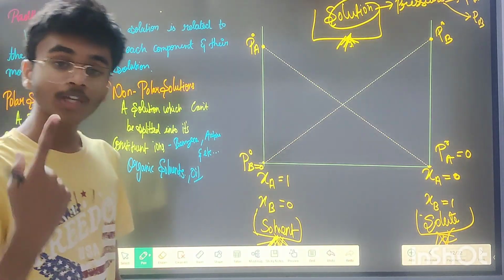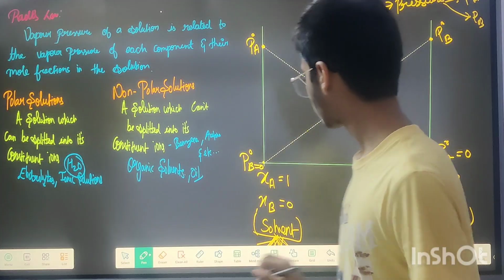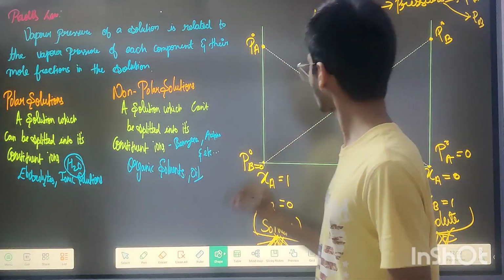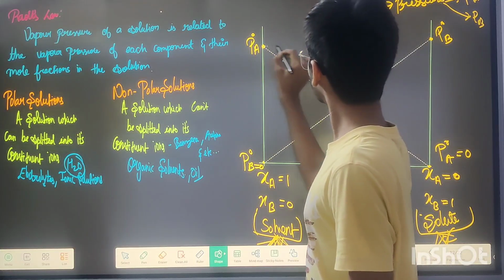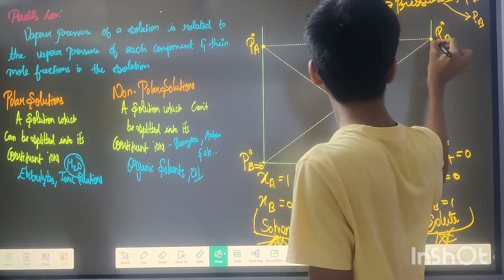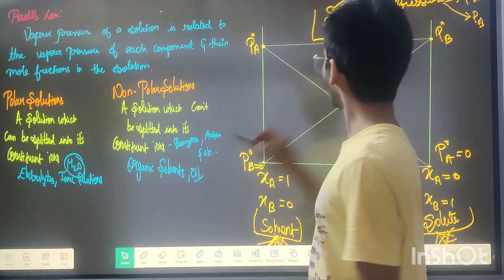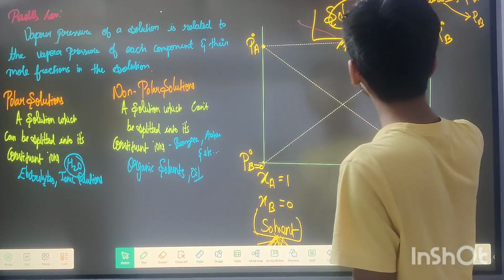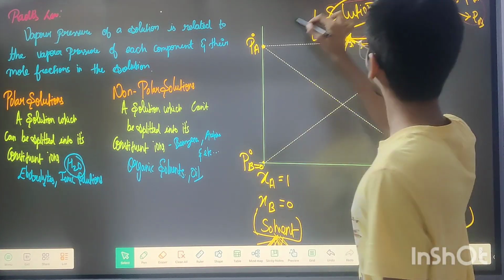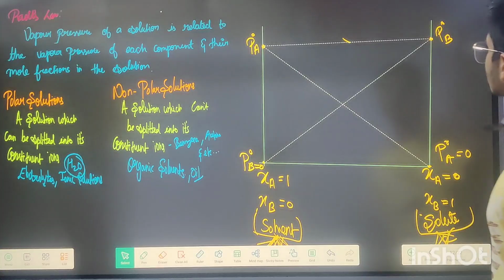Now when you talk about the total solution itself, this is what the line for solution is. In our book, they have given a similar diagram, and I have also given you a similar diagram.